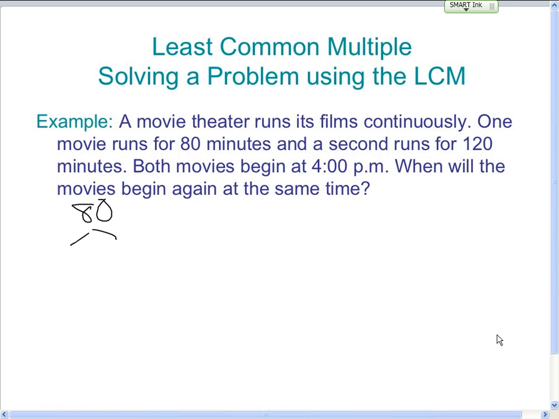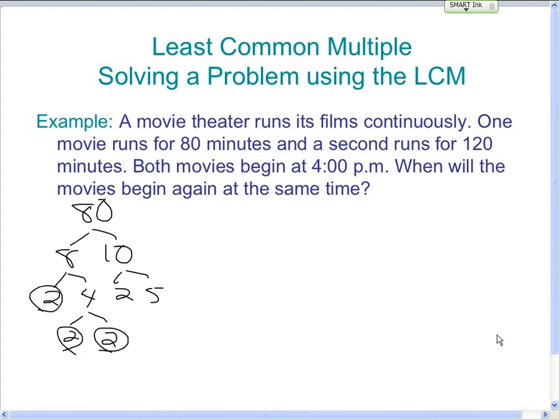So that's a least common multiple word problem. 80 is, what, 8 times 10, 2 times 4, 2 times 5, and 2 times 2, which gives me 2 to the 4th times 5.